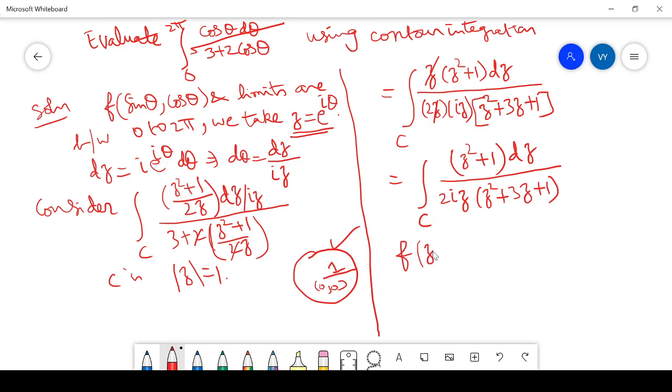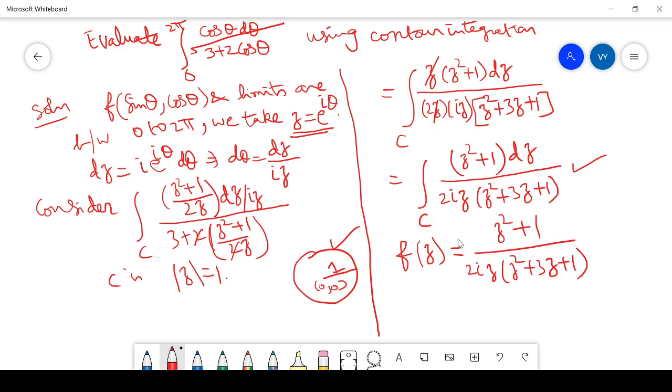Suppose I take f of z as z squared plus 1 by 2iz into z squared plus 3z plus 1. I have to use any one of the contour integral results to evaluate this integral.